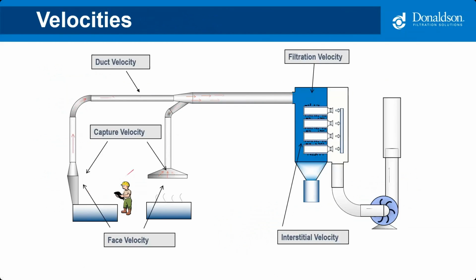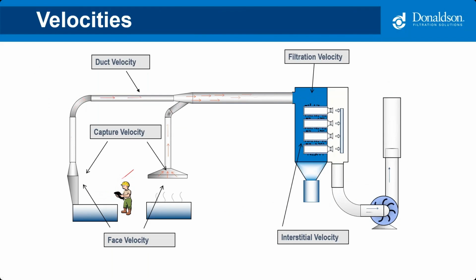There are different types of velocities that are important to move a contaminant through a dust collection system. Capture velocity is the speed of the air at the hood or area of generation. Face velocity is similar, but is the average velocity of airflow crossing the entry plane of the hood. Duct velocity is the speed of air flowing through the duct.